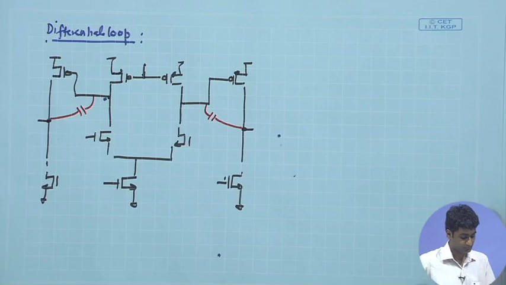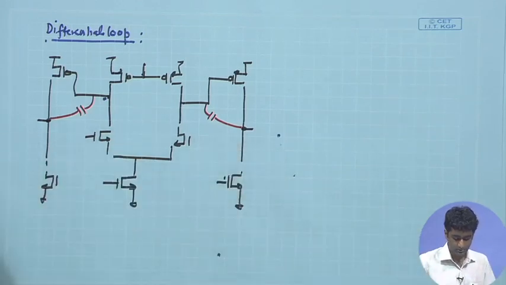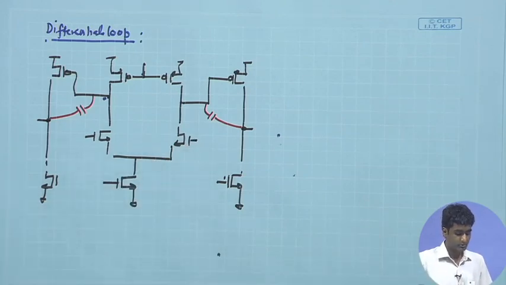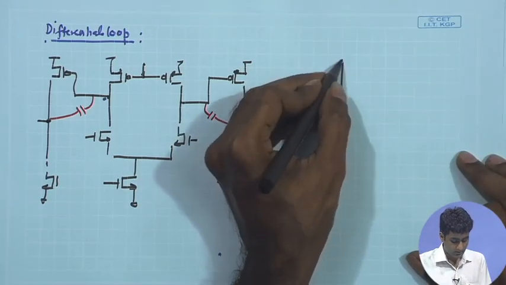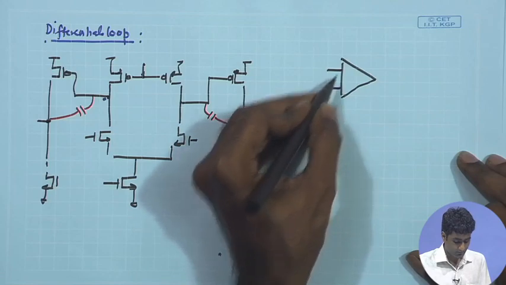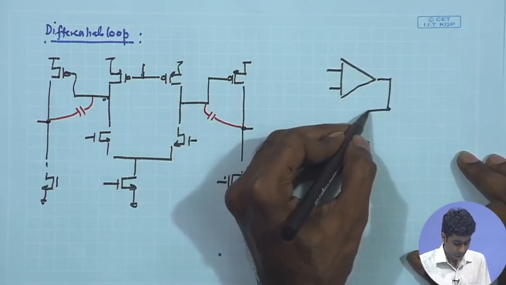And to do that, we can check the overall differential operation and see how to calculate the loop gain for the differential operation. And remember, in order to look at the closed loop simulation, let us go to the block level and see the overall feedback scheme that we are implementing.